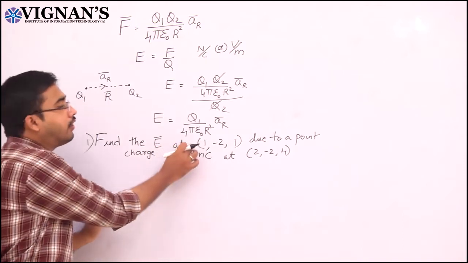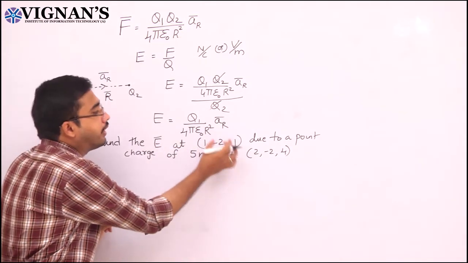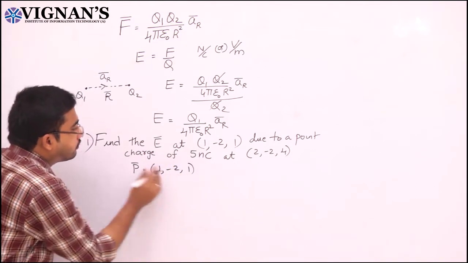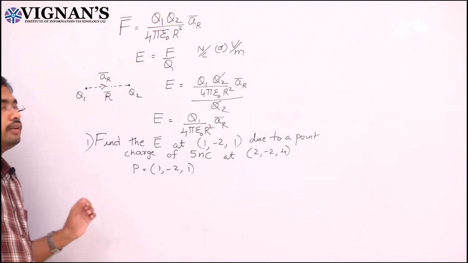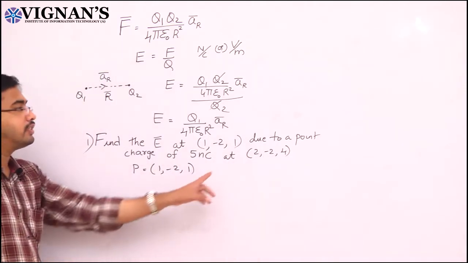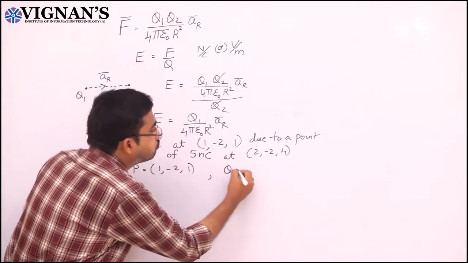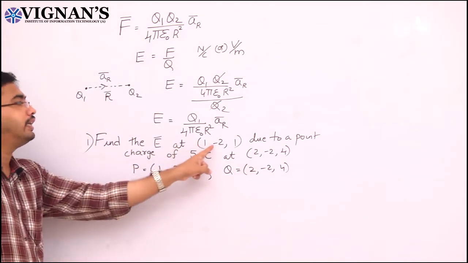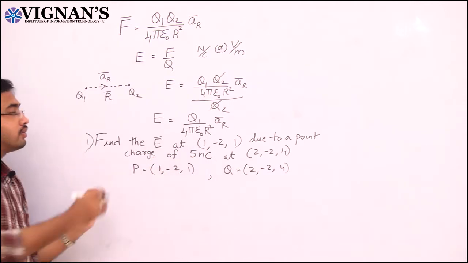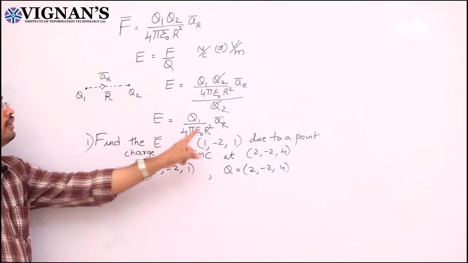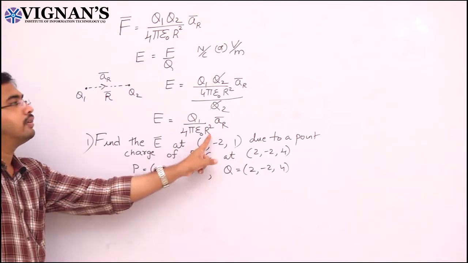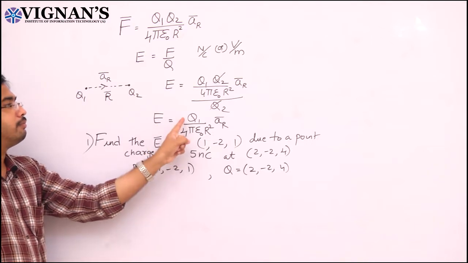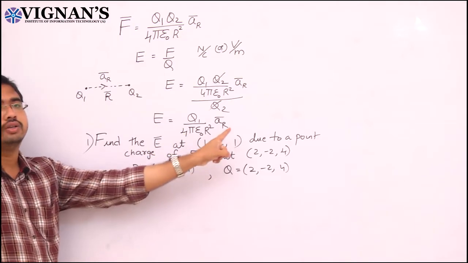So where I want to find the electric field intensity, let us take this point as P, and take the second point at which the charge is placed as Q. Now I want to find the electric field intensity at this point P. So we need to find the distance vector first, because we know that the electric field intensity due to a point charge is given by Q by 4 pi epsilon naught r square into a_r bar.